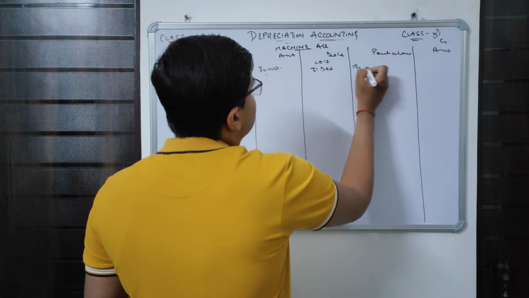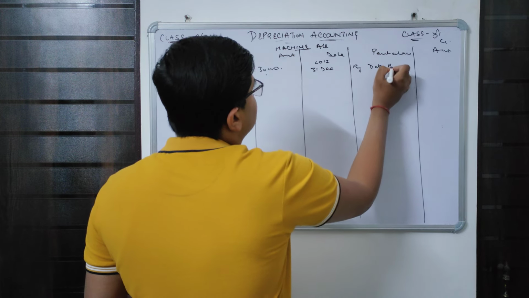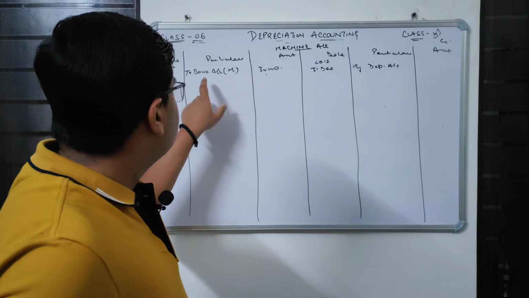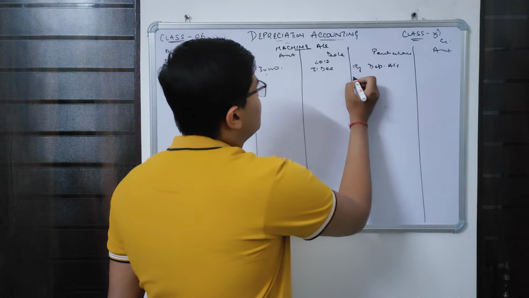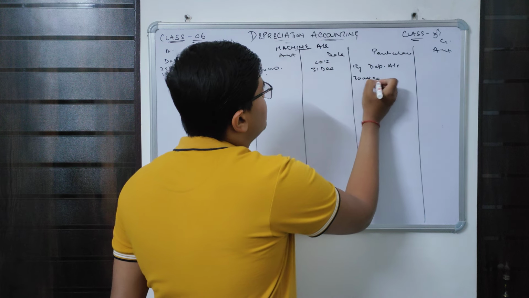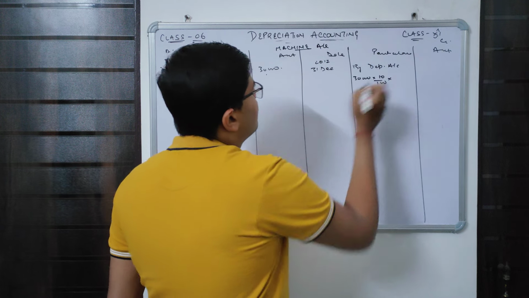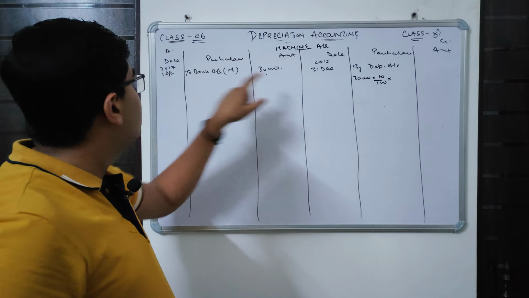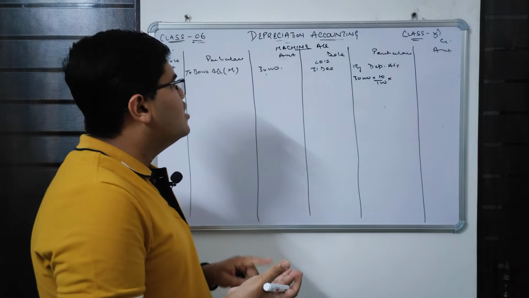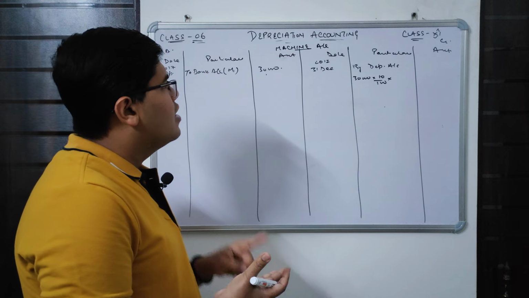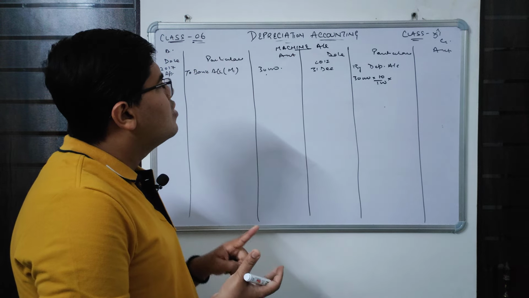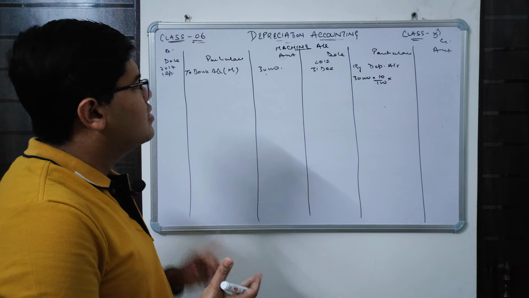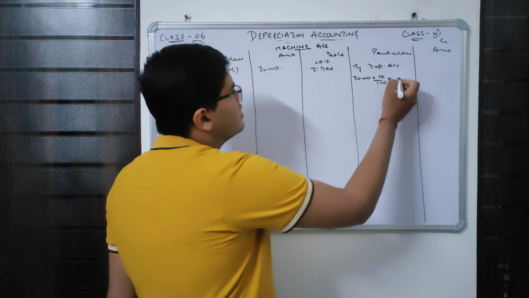By depreciation. You can calculate that the amount of depreciation will be 30,000 into 10%, and from April to December, how many months will it be? It will be April, May, June, July, August, September, October, November and December, so 9 months.